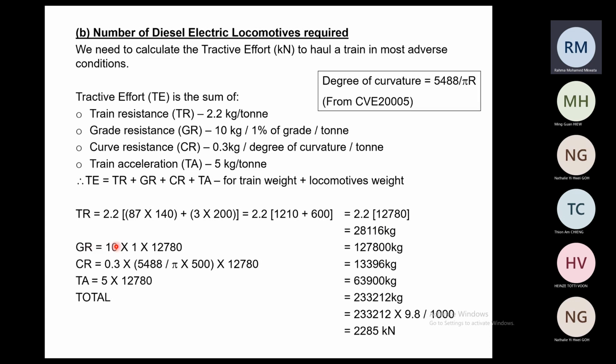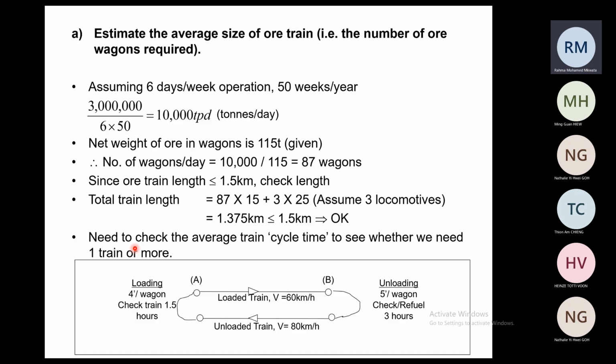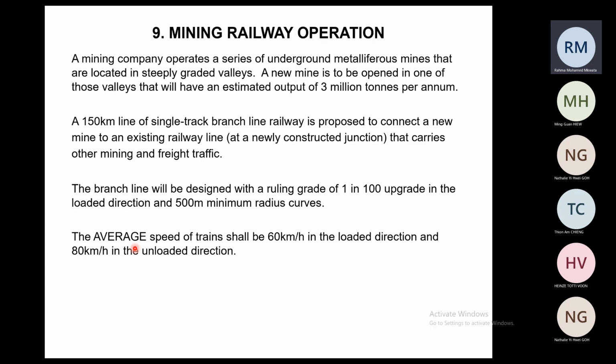The grade resistance weight is 10 kg per 1% change in grade per ton, times how many tons you have. The tons obtained from here after adding your wagons and your locomotives is 12,780. So where do I get this 1%? It was stated in your question.